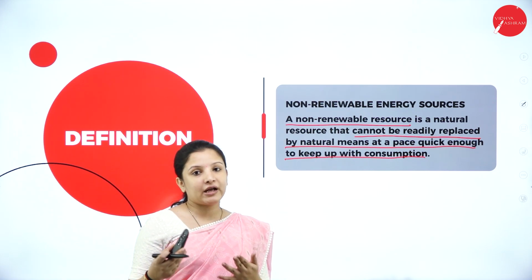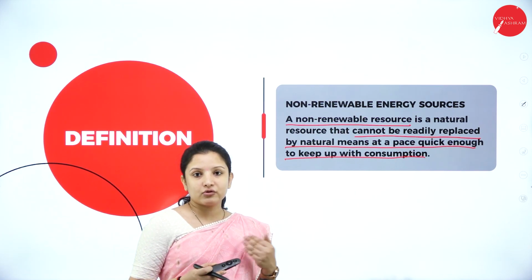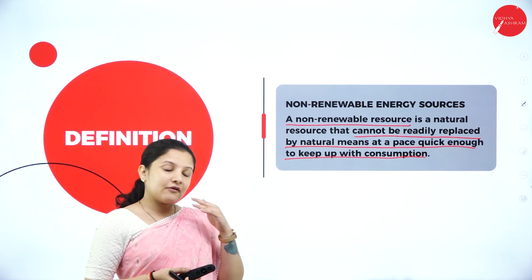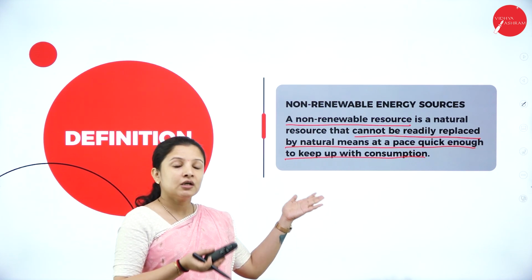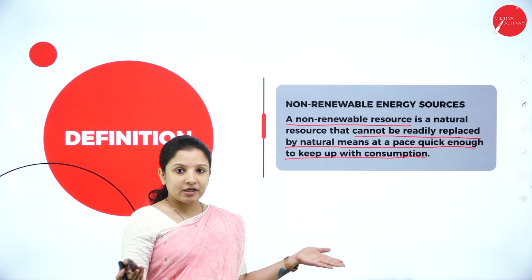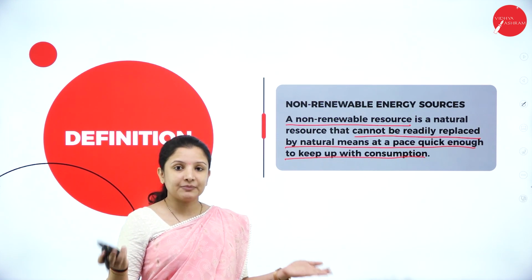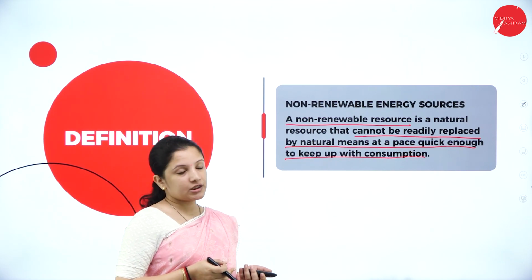We will again have to wait for 1,000 to 10,000 years to get the petroleum products back. So therefore, it is a non-renewable resource, right? Of course, it can be renewed, but they don't put it under renewable resource because there is a 1,000-year gap that we need to wait once the petroleum products come to an end or get depleted. Those resources are nothing but non-renewable energy sources.